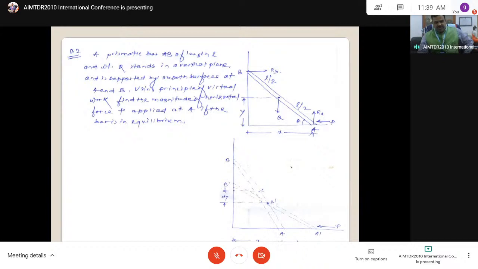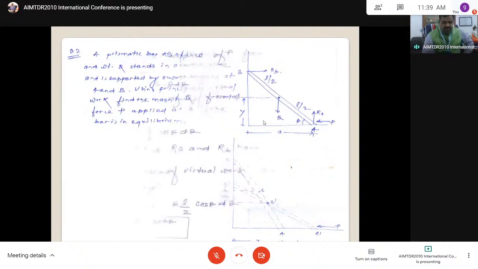The displacement is in the x direction, initially x and y. X is from here, L cos theta, y is L sin theta. With reference to this point, it is different: L by 2 cos theta and L by 2 sin theta. That is how we consider the x displacement is this, and y is only L by 2 sin theta.